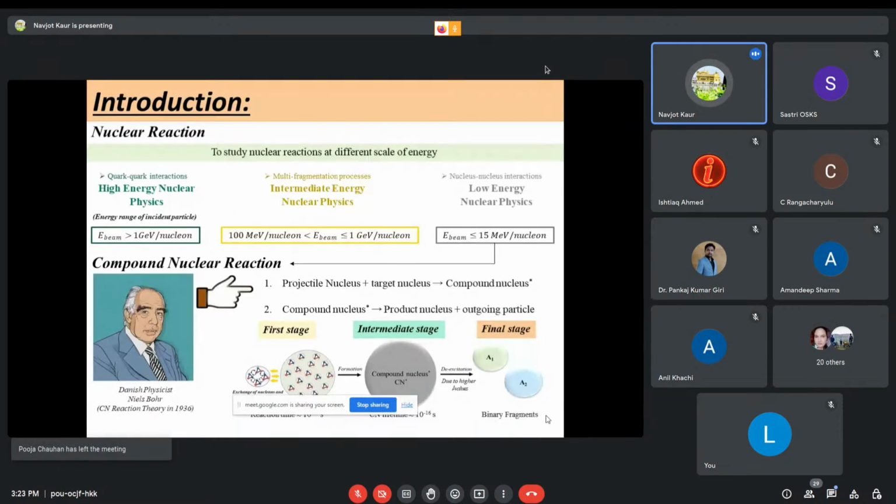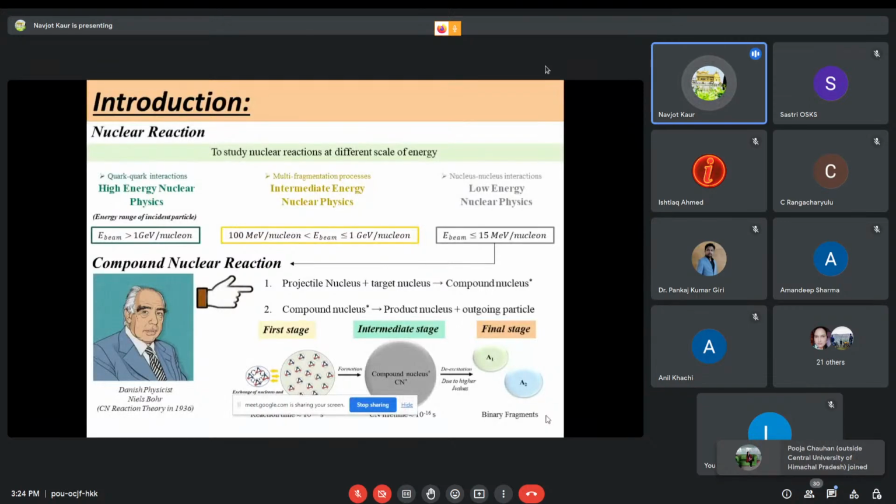So this is the basic introduction. In nuclear reactions, we study reactions at different scales of energy, like high energy nuclear physics, intermediate energy nuclear physics, and low energy nuclear physics. Basically, I am working on low energy nuclear physics, that is a beam of less than 50 MeV per nucleon.